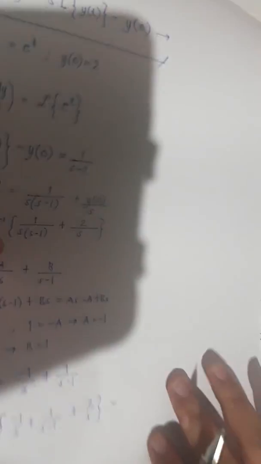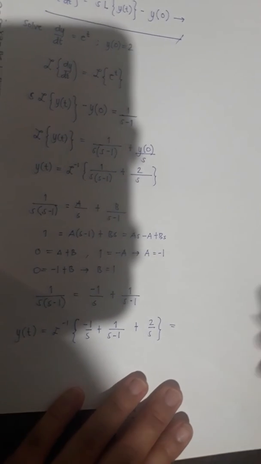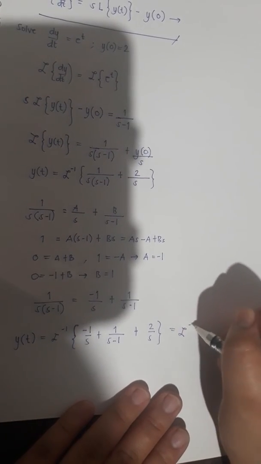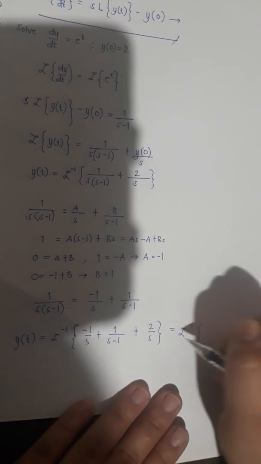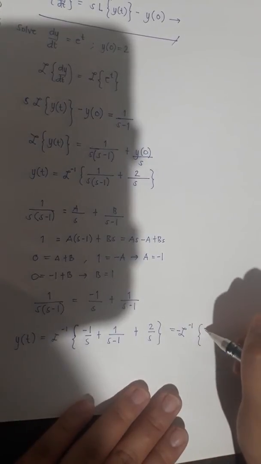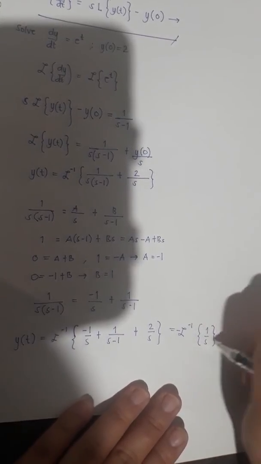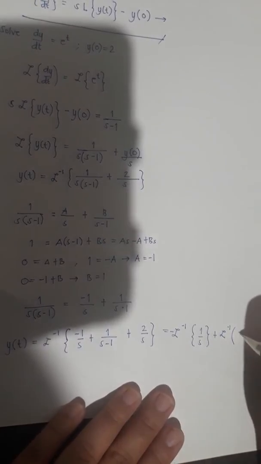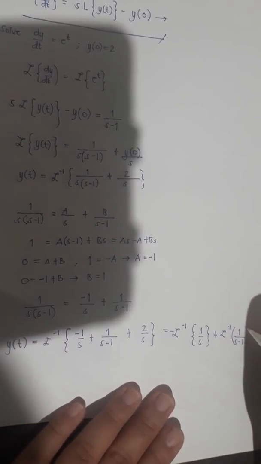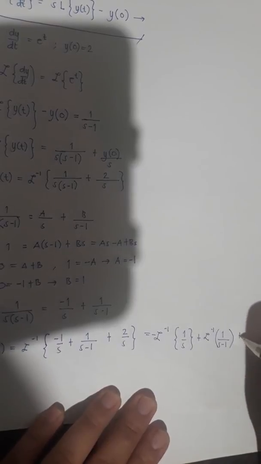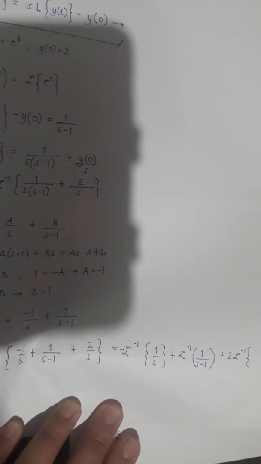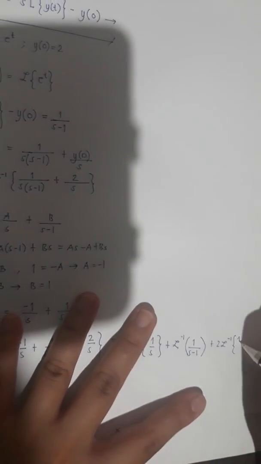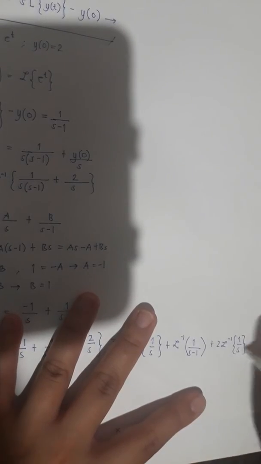Distributing, we have negative inverse of 1 over s plus inverse of 1 over s minus 1 plus 2 times inverse of 1 over s.